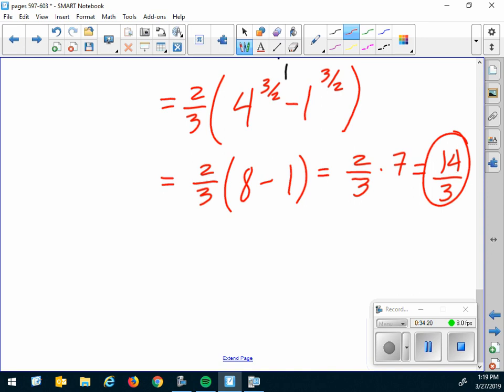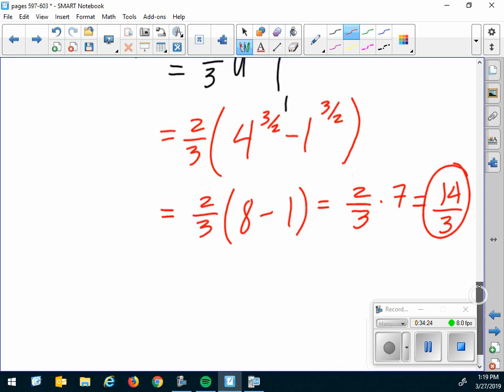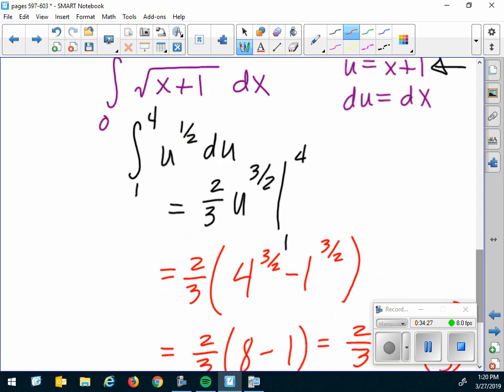Questions? If we had decided to keep the x limits, then I would not have put anything here.